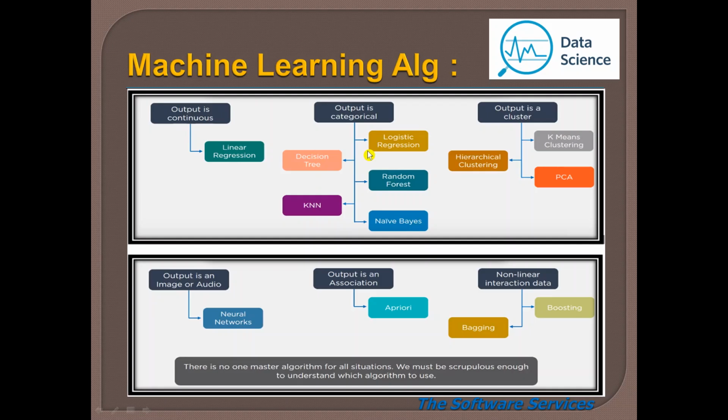If you have a doubt like that, then we can say that there is no perfect algorithm for all situations, friends. There is no one master algorithm for all situations. We must be scrupulous enough to understand which algorithm to use. The best method is to try all the algorithms.